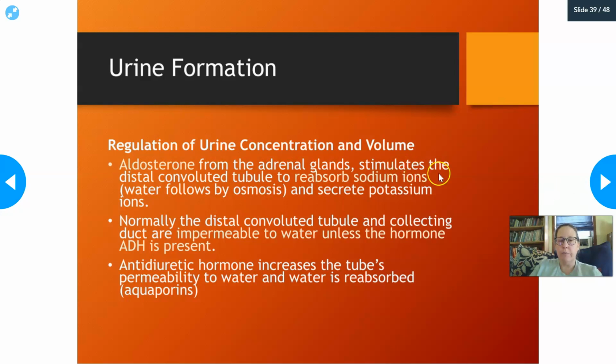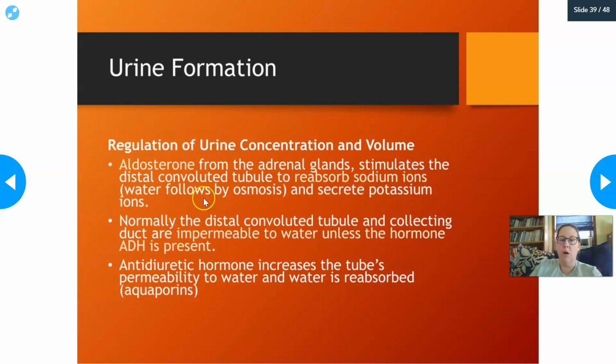Okay, so the regulation of urine concentration and volume. So aldosterone, that's produced by the adrenal glands, again, from the stimulus of the renin being secreted. When it's released, it stimulates the distal convoluted tubule to reabsorb sodium ions and to secrete potassium.